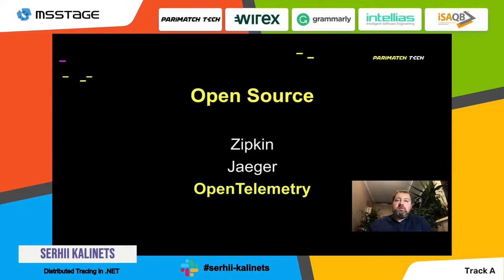The idea of OpenTelemetry is to provide a unified API and the ability to connect to various systems. In terms of Zipkin and Jaeger, OpenTelemetry provides a unified way where you can connect either Zipkin or Jaeger as a plugin, or even connect vendor things like Datadog, Splunk, and so on.